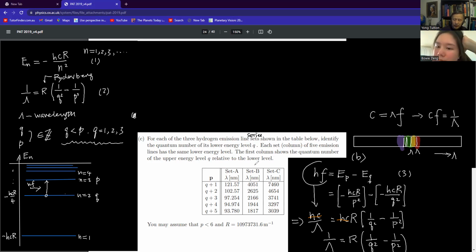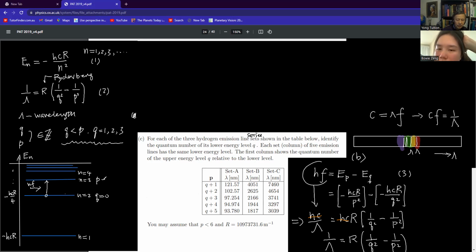So basically we know P. We have used the new formula we just derived. Each set column of 5 emission lines has the same lower energy. They share the same energy. Can we just draw one of them? If Q equals 2, what is the P number?